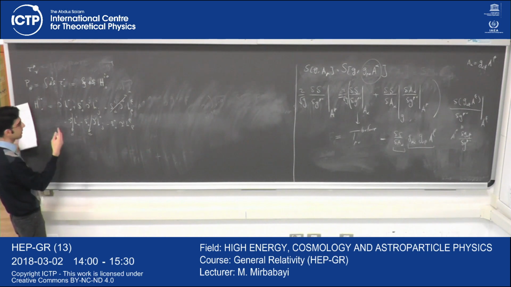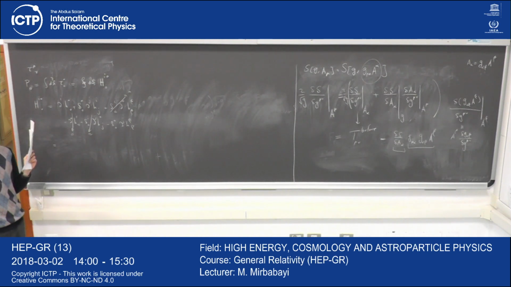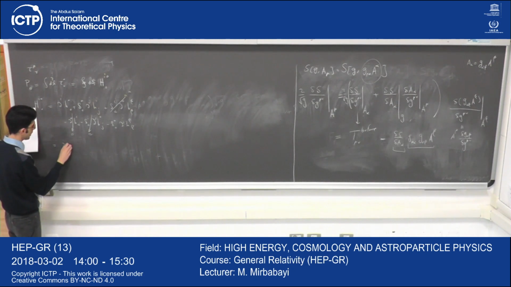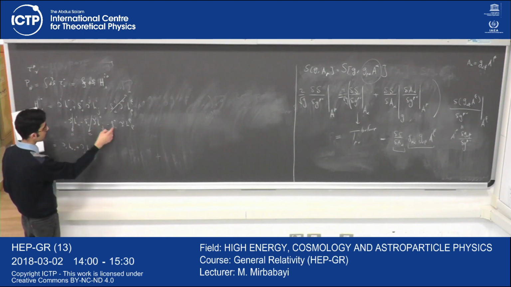Any i index can be lowered, because we are in Minkowski now. Any zero index can be lowered with a minus sign. So this becomes di h00 plus dj hij.